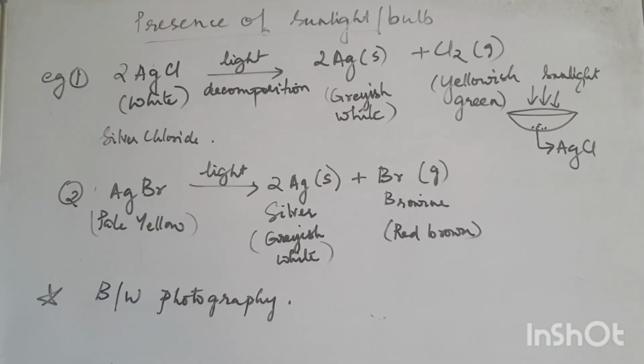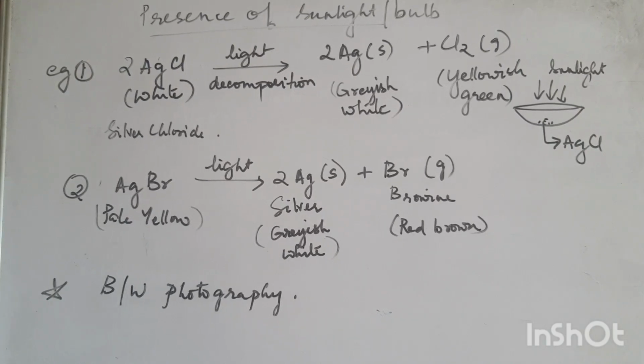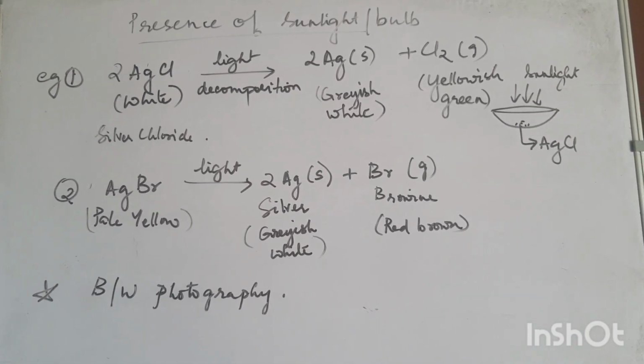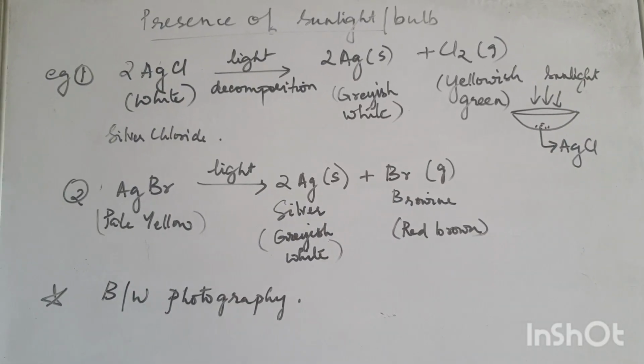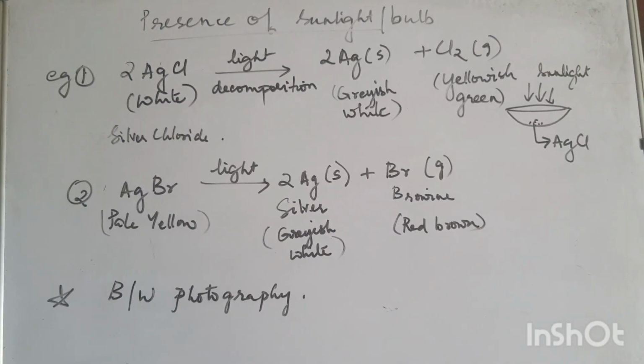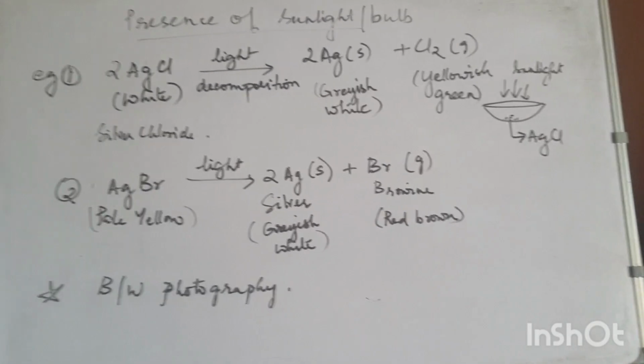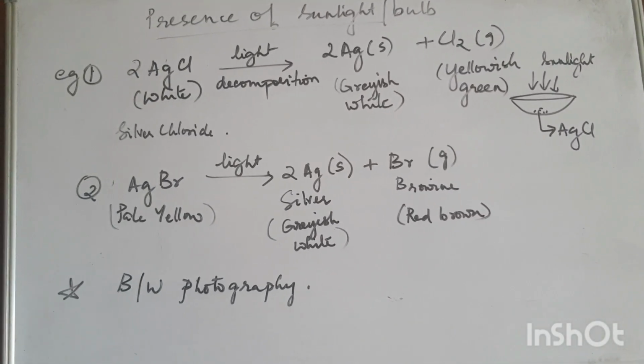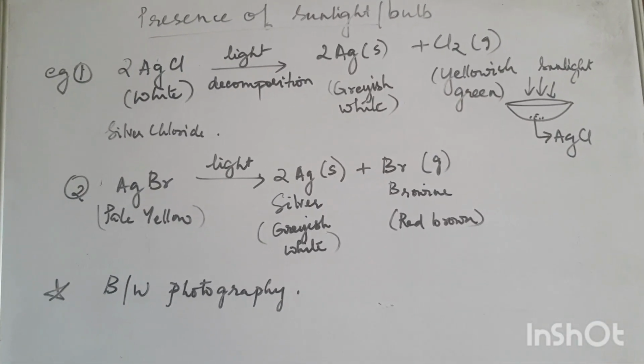So today we have learned decomposition in the presence of heat, then electricity and light. Do drop your doubts. You can message your doubts in the comment box. Hope it's clear.